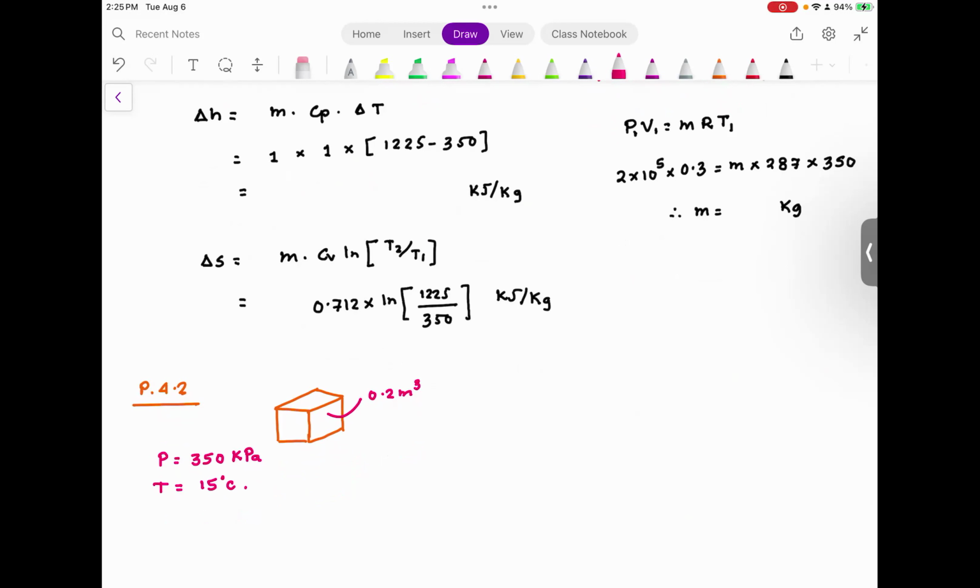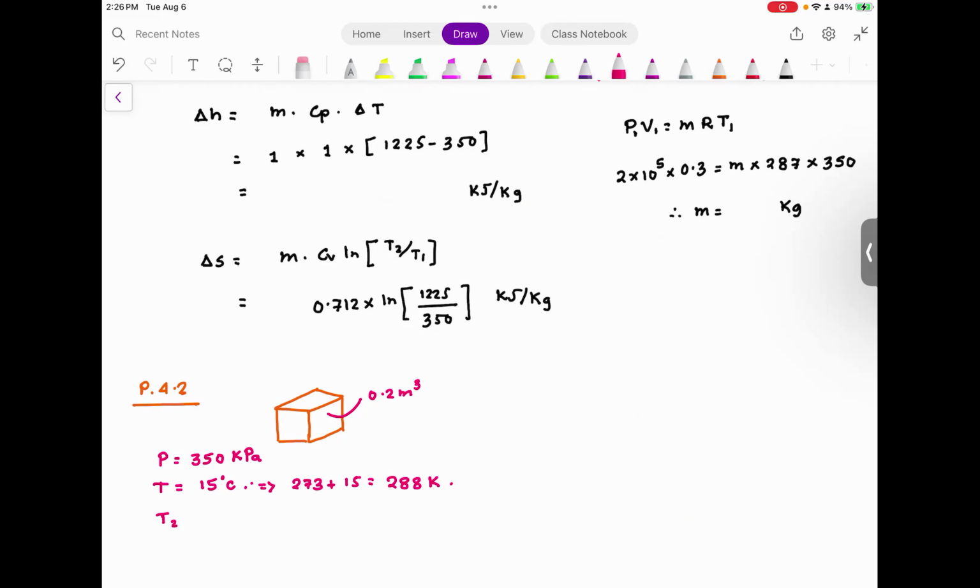Now the tank is exposed to a constant temperature source. So 273 plus 15 gives me 288 Kelvin.